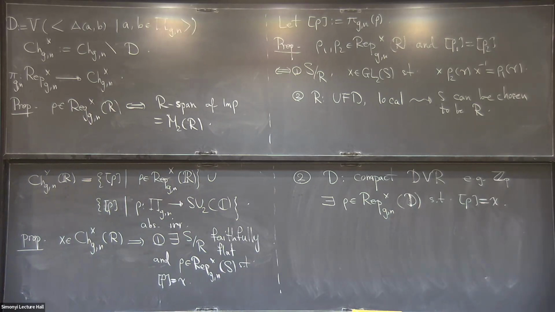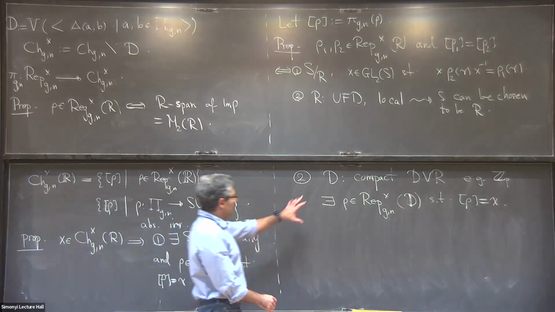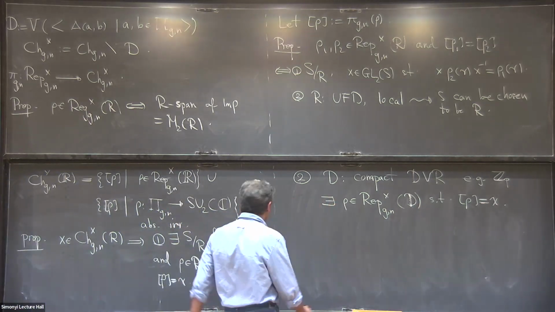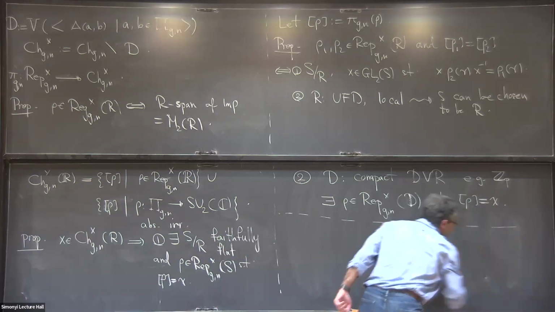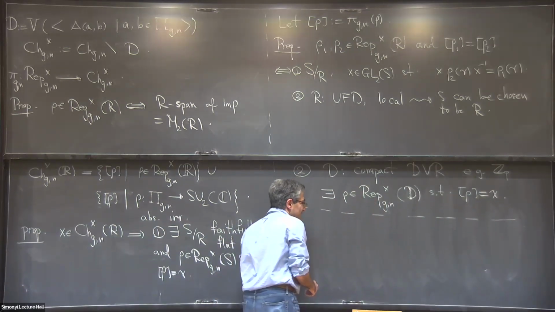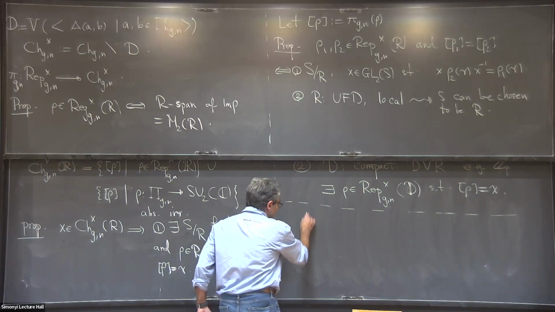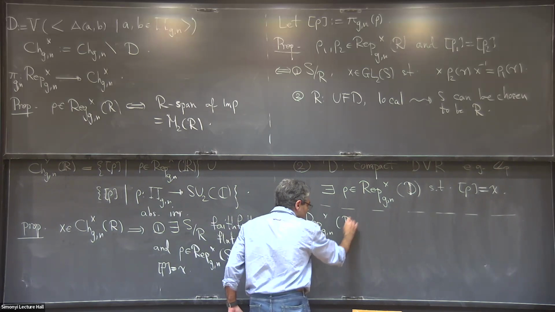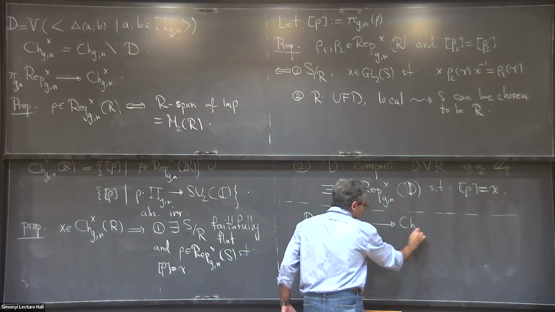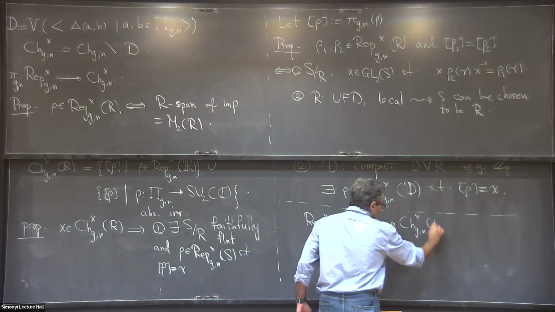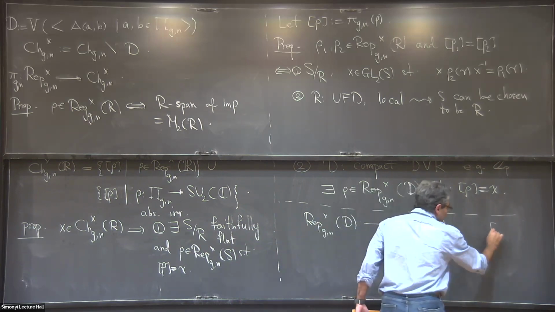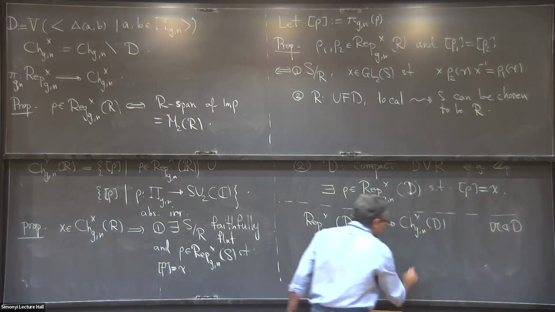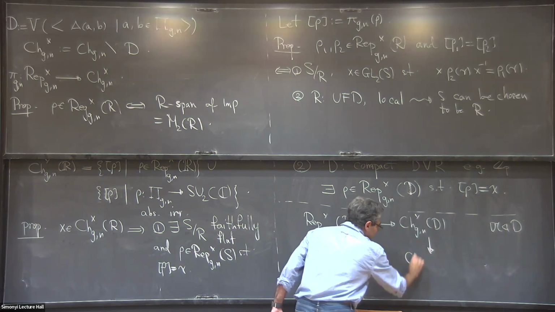Okay, but what I'm interested in, and what one gets out of this proposition, is the following picture we are going to use: if I take Rep(G,n) cross D, then I have a map going here. And if I take an ideal of this ring, I can mod out by that ideal.